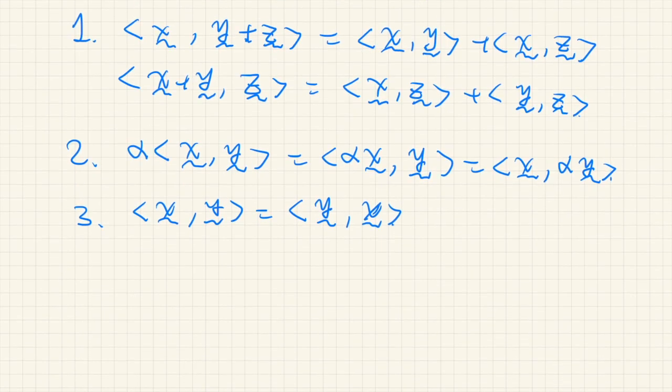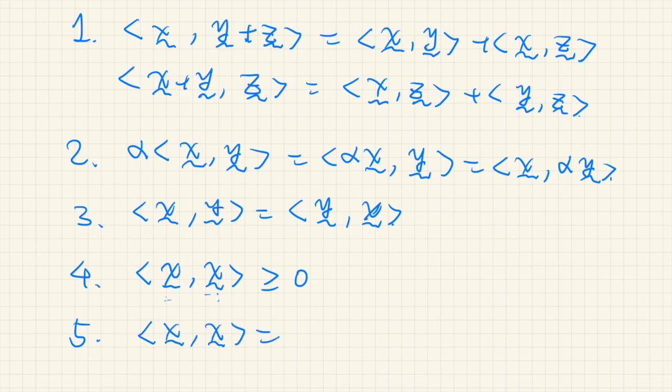And the fourth condition, the inner product between x and x, a self-inner product, so to speak, is always greater than or equal to 0. And fifth, if this inner product between x and x is equal to 0, then x is the 0 vector, and vice versa.